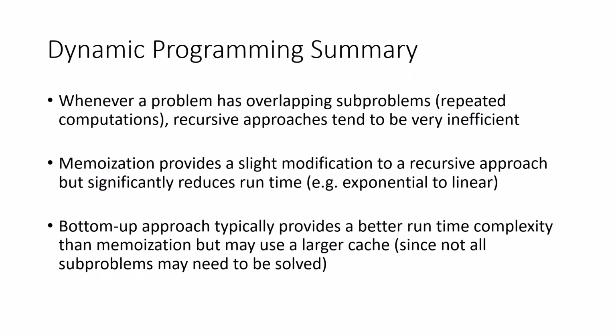It just so happens that in the Fibonacci sequence, to get f of 5 we do need f of 4 and f of 3, and f of 4 needs f of 3 and f of 2. So the bottom-up approach is the most suitable because it is necessary to solve every single smaller subproblem. But there might be problems where you don't need to do that, and memoization might end up being even more efficient because we only solve the problems that we necessarily need to solve to get the final answer.